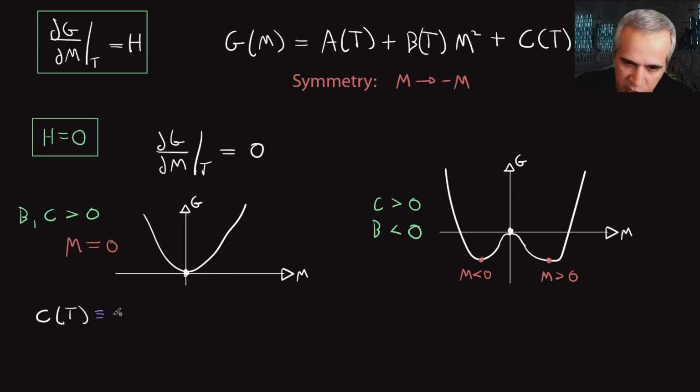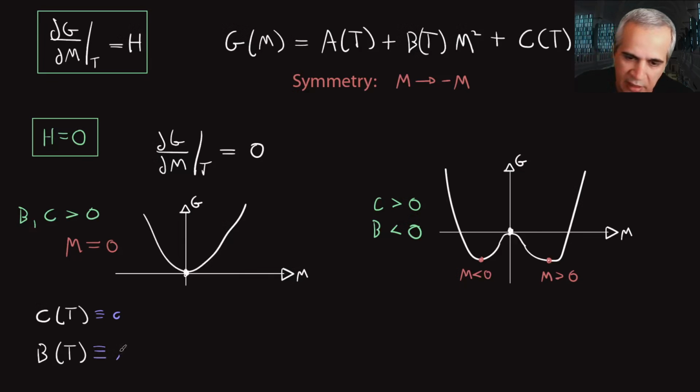So I have a constant. I'll use a lowercase c for this constant, independent of temperature, so the quartic part is not changing at all, and have the square part depend on the critical temperature, so that it is positive above the critical temperature and negative below the critical temperature. And there's an easy way of doing that.